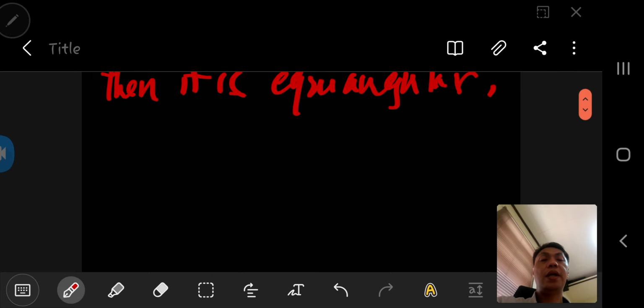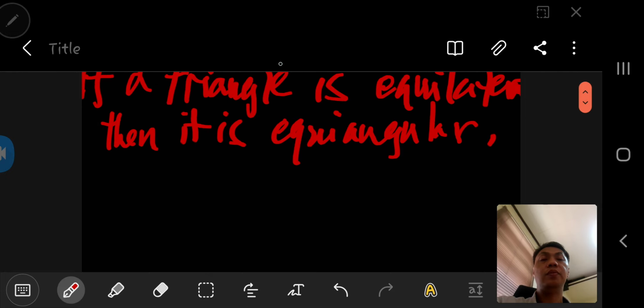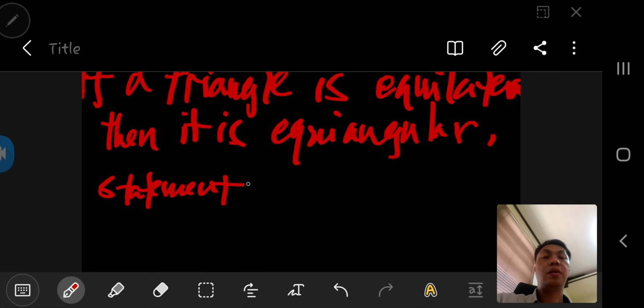We said that in a conditional statement, if P, then Q. So P, if a triangle is equilateral, Q, then it is equiangular.